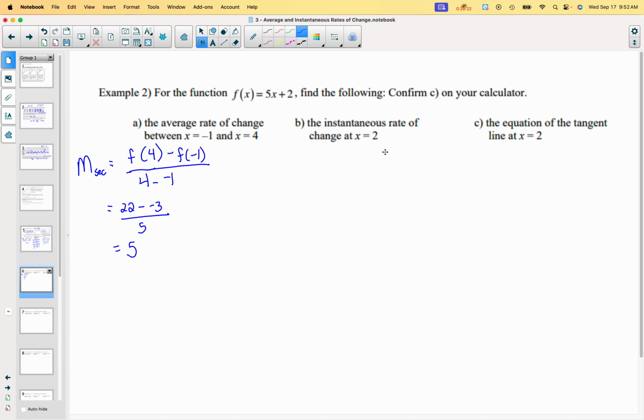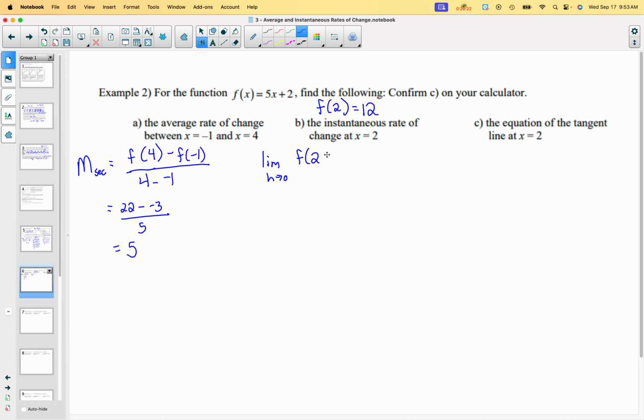Now we're going to do the instantaneous rate of change. But first, since we know we're talking about what happens when x equals 2, I know I'm going to need to know f of 2. So I'm just going to find that out right now. And I get 12. So my slope of my tangent line, I'm looking at the limit as h approaches 0. We're plugging in a 2. It doesn't always have to be a 2.